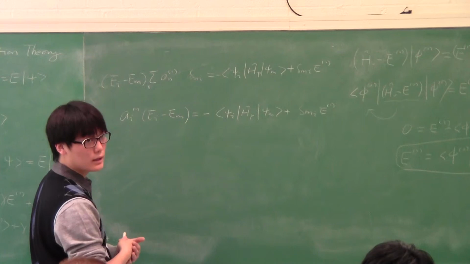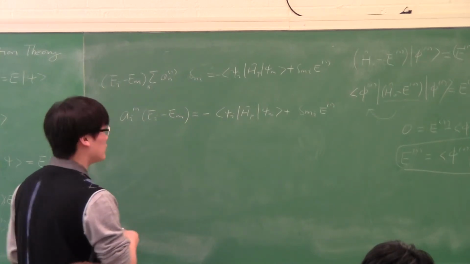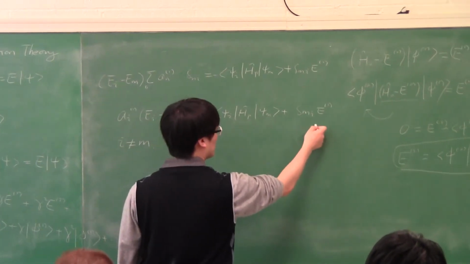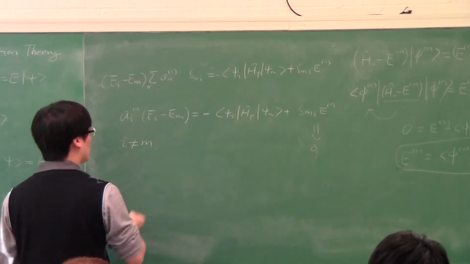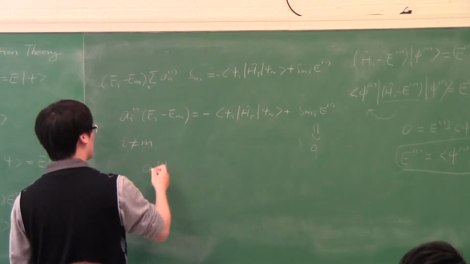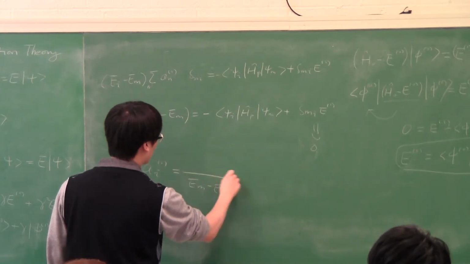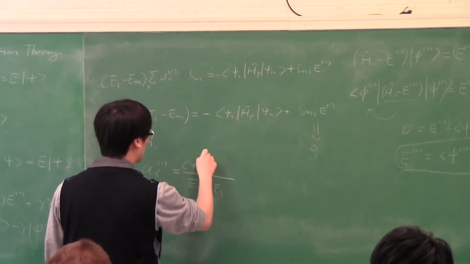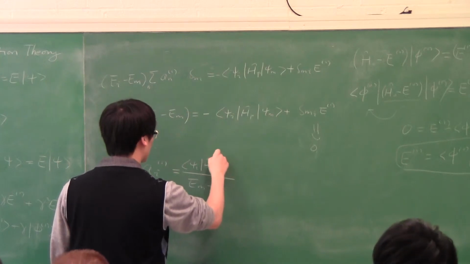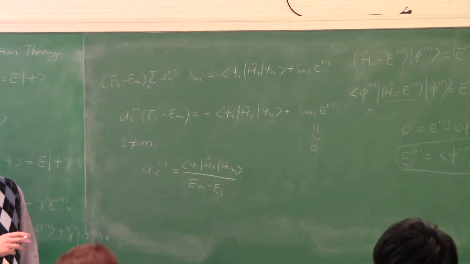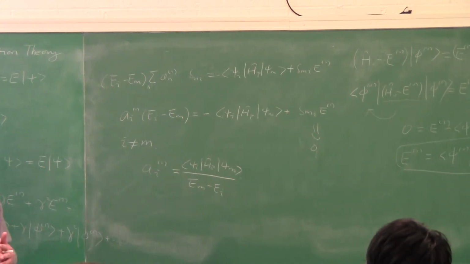So now let's consider the case that i is not equal to m. Okay, trivially we can just set this to 0 then. And we get that for i not equal to m, we have Em minus Ei over V_im. So the first order correction to the eigenvalue, to the eigenenergy, is only dependent on the diagonal elements of the perturbation.